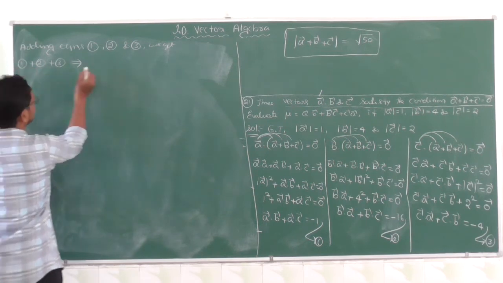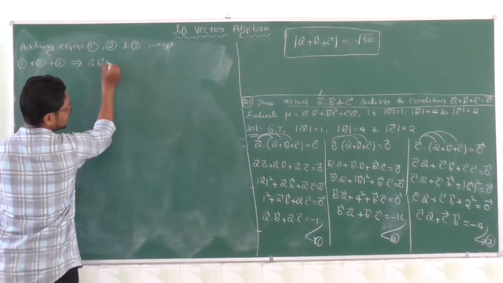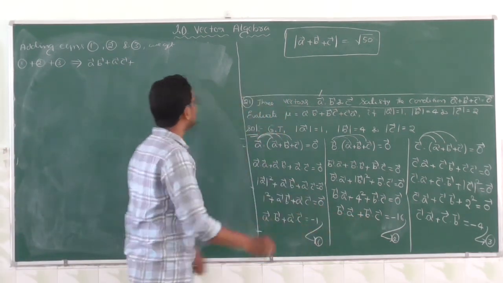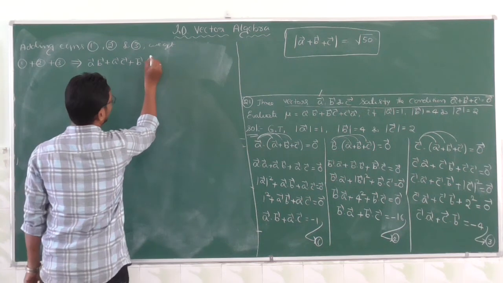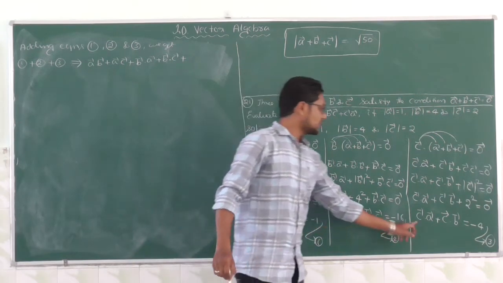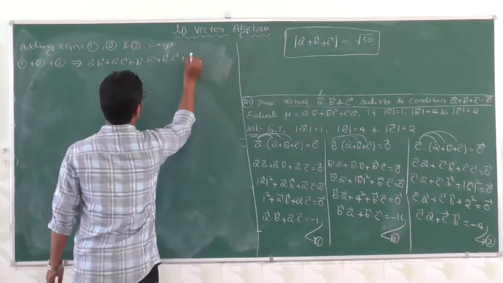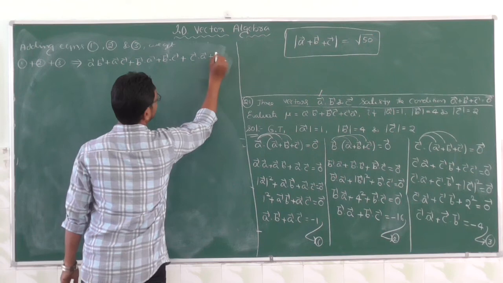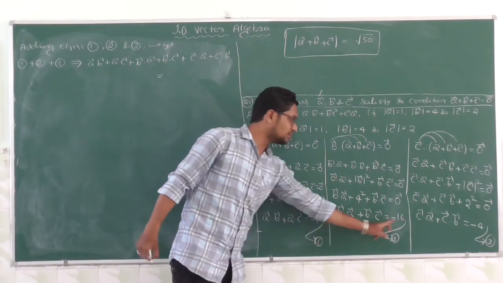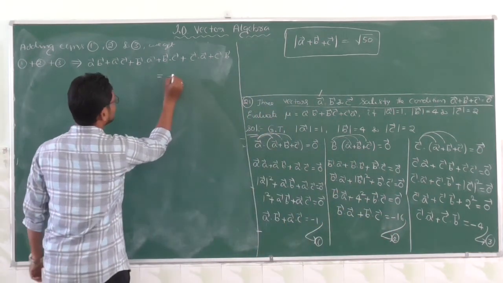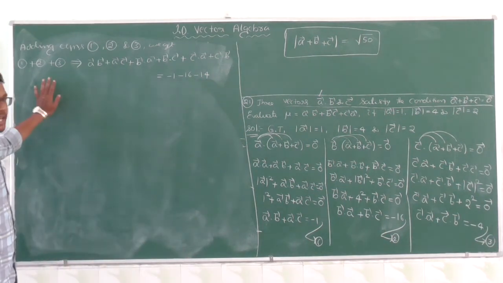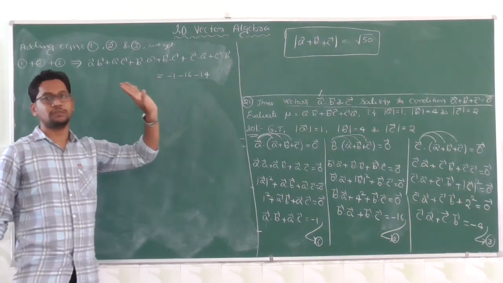A dot B plus A dot C, plus next term, B dot A plus B dot C, plus next term, C dot A plus C dot B, equals to the next term: minus 1, minus 16, minus 4. Here we added equation 1, equation 2 and equation 3.